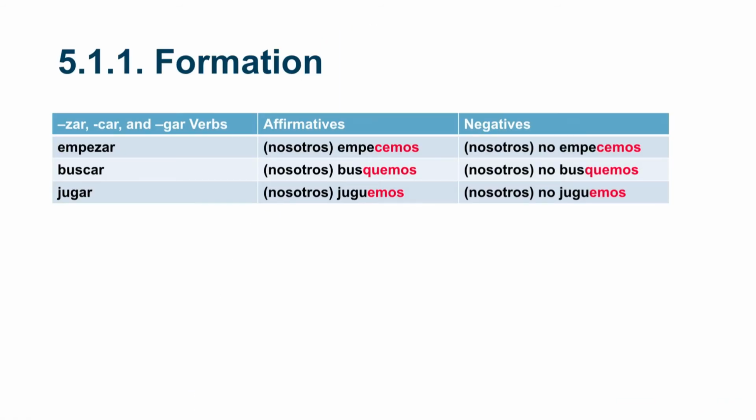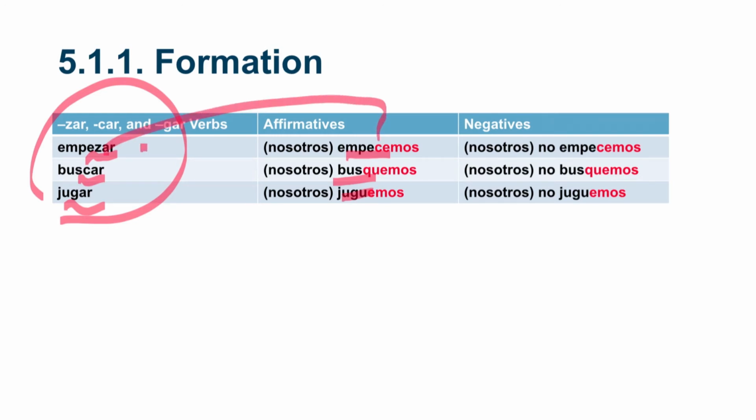We also have the verbs like empezar that have a ZAR at the end. Empezar, buscar, jugar. So this is a C, this is a C, this is a J. Nosotros, the Z changed to C. Nosotros empecemos.